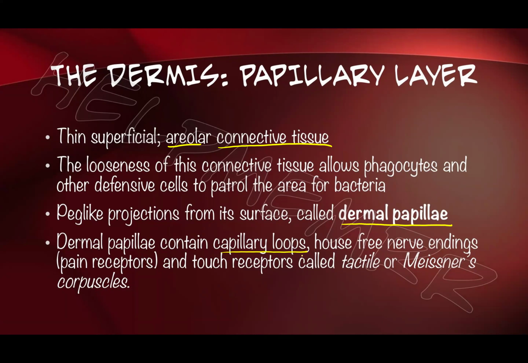There's going to be capillary loops, free nerve endings, pain receptors, and touch receptors all within this dermal papilla. So if I was drawing it out, I have a dermal papilla that looks like this.